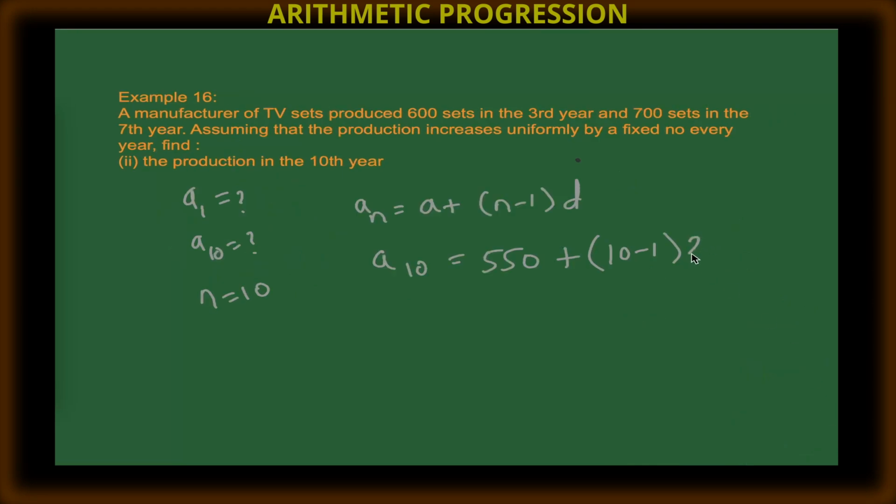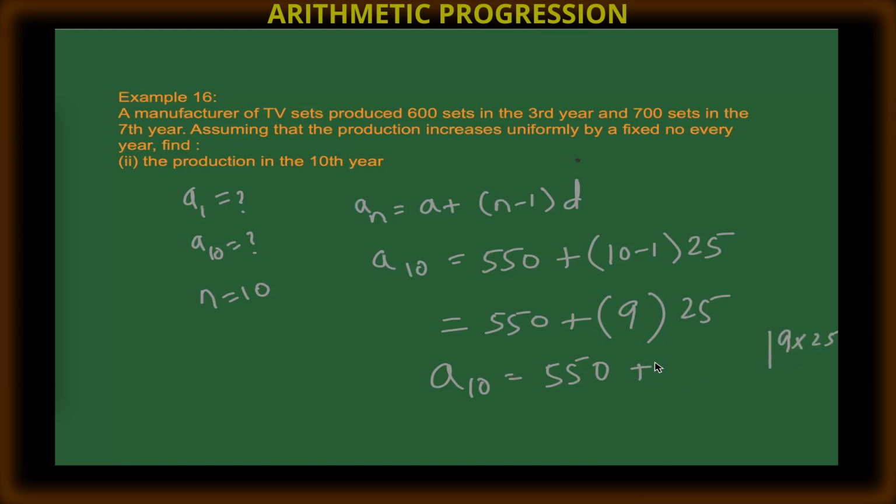Okay, so let's replace this with 25. 550 plus 10 minus 1, that is 9, into 25. A10 is equal to 550 plus, we need to multiply 9 into 25, which will be 225.